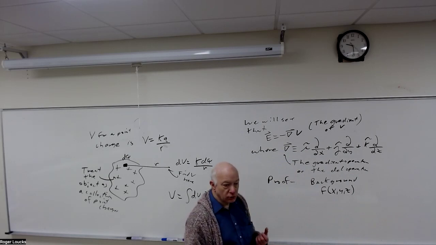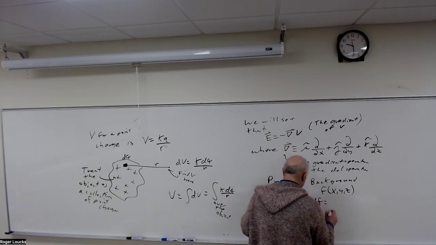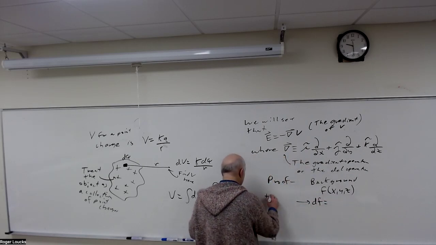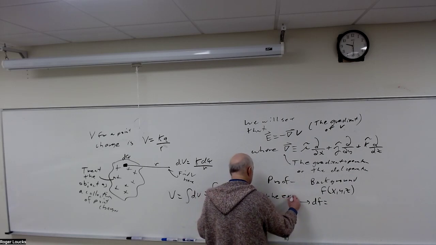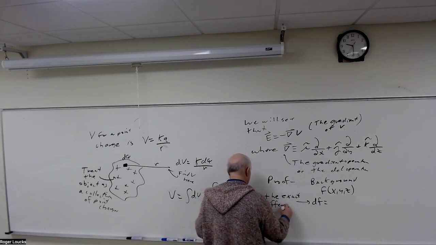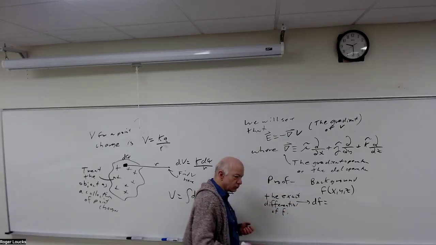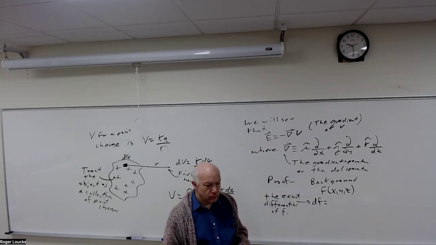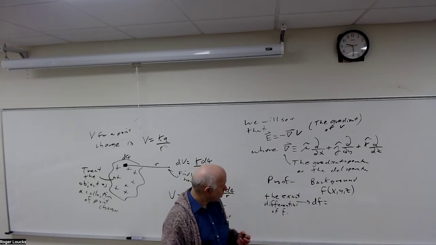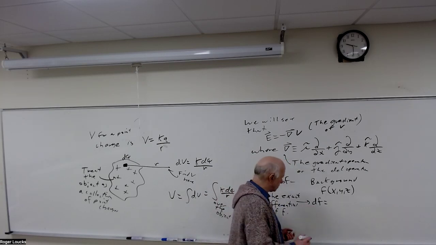In Calc 3, you're going to do what's called a differential. You're going to do something called df. This is called the exact differential. Have you done an exact differential, Jack? Okay. So what is this going to be here? This is really your total change in f.